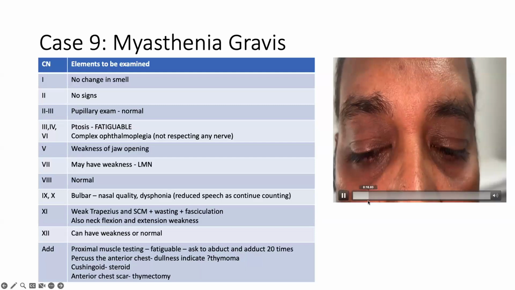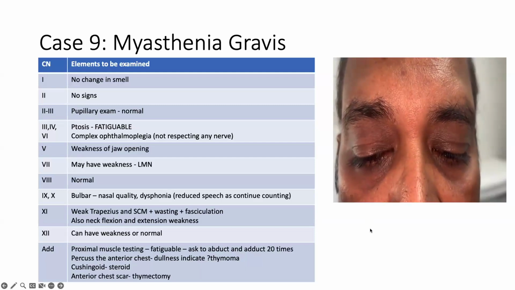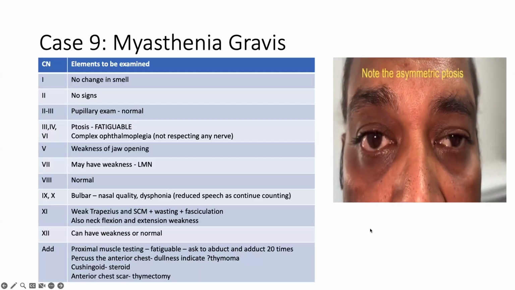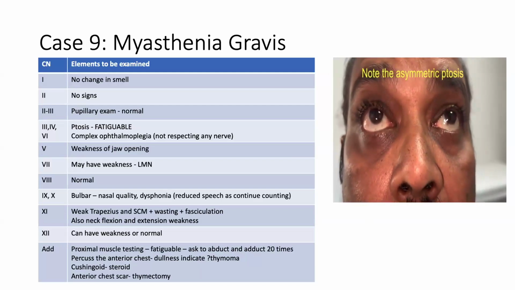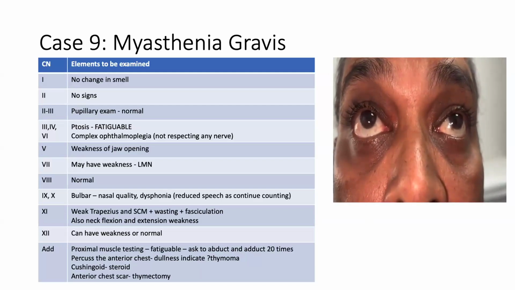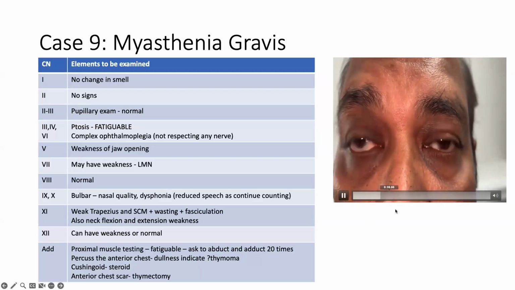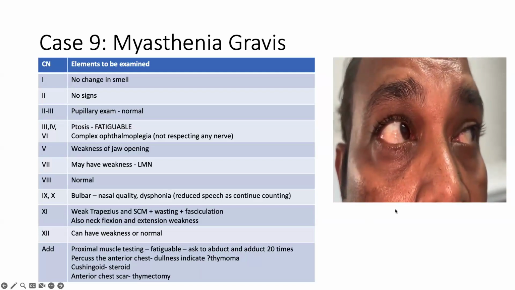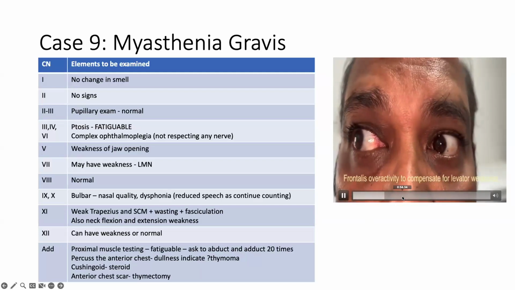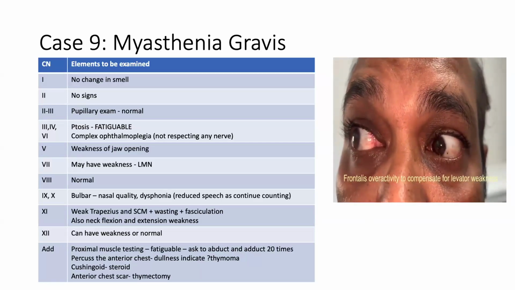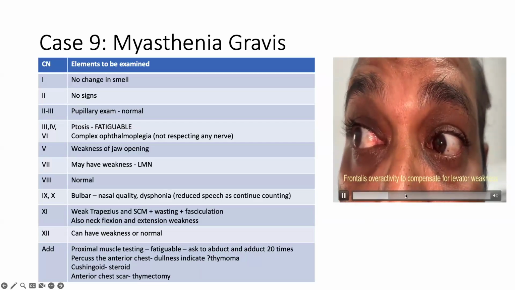So these are eye signs. If you look at the eyes, there's ptosis on the left side, and as the person looks up for a long time, it gets worse. I wouldn't bother that too much.